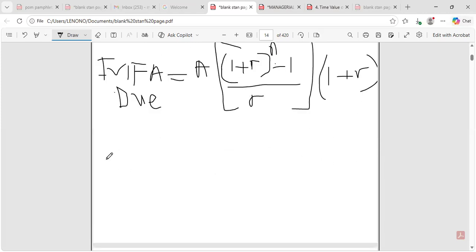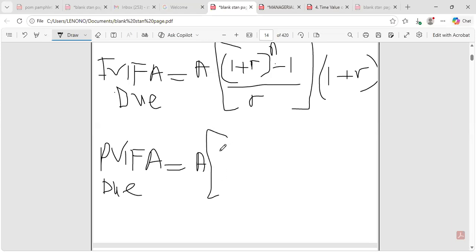Then the other one is the present value interest factor of an annuity due, which is equal to amount times 1 minus 1 plus r to the power negative n over r.